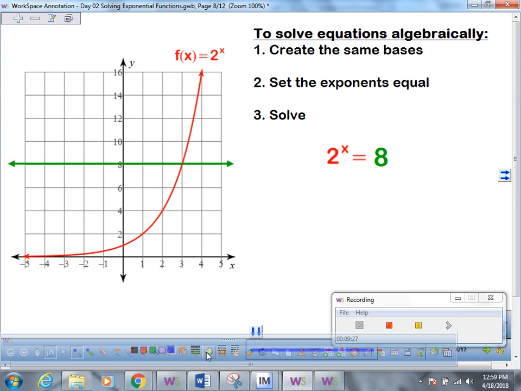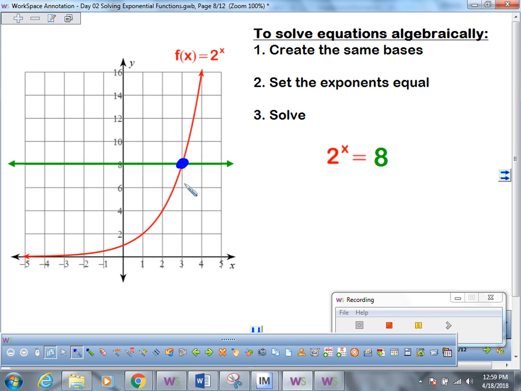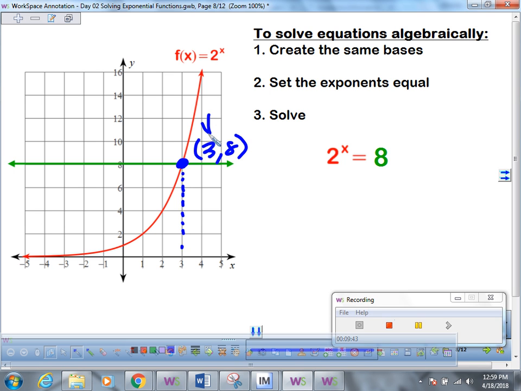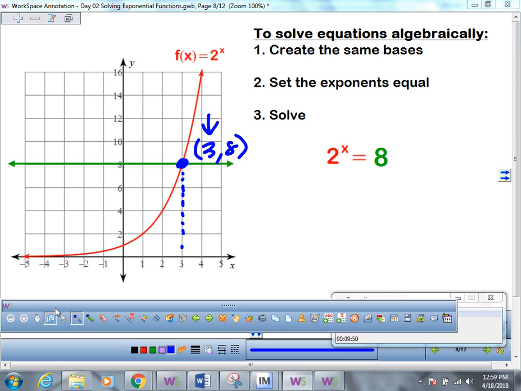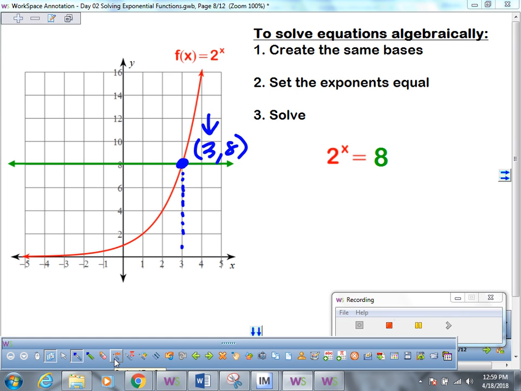So now I'm going to solve this algebraically. So I have my solution. My solution is 3. Right? Because when I go over 3, I go up 8. Well, x equals 3. All right, so this is how I'm going to solve it algebraically. Algebraically, I'm going to make common bases. That's the key.